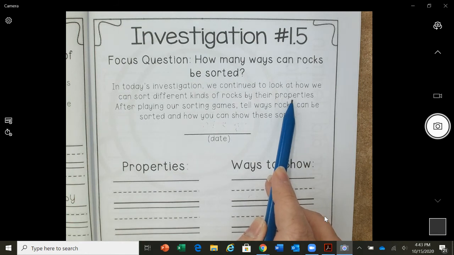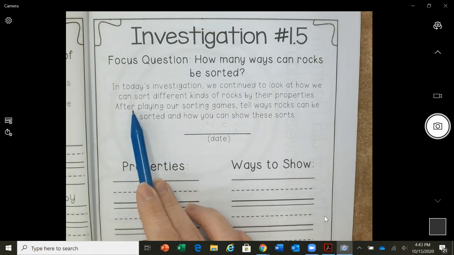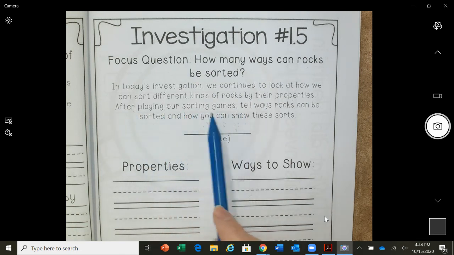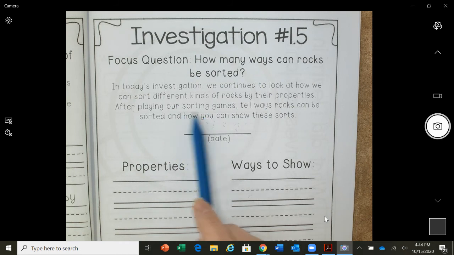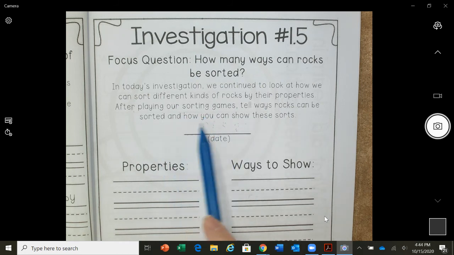Property is the way that we sort rocks: how they look, feel, maybe if they're light or heavy. After playing our sorting game, we didn't get to do that because we don't have the materials to do it at home. So tell ways rocks can be sorted and how you can show these sorts.